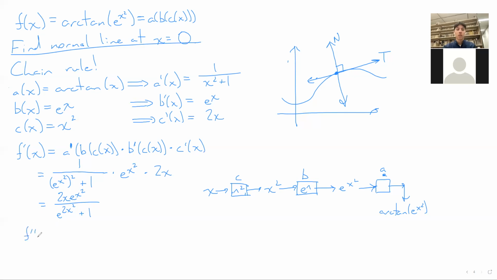So I get f prime of 0, and I'm just about to learn that this doesn't work. So 2 times 0 times e to the 0 over e to the 0 plus 1 comes out to be 0 over 2, right?